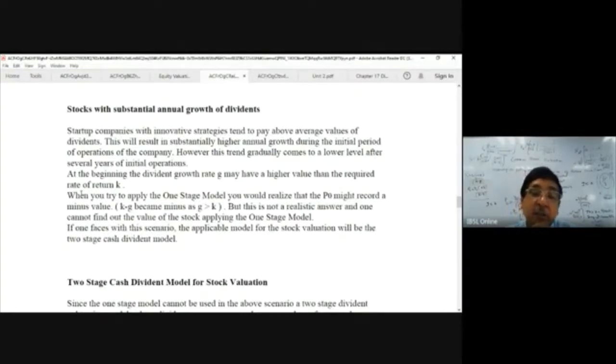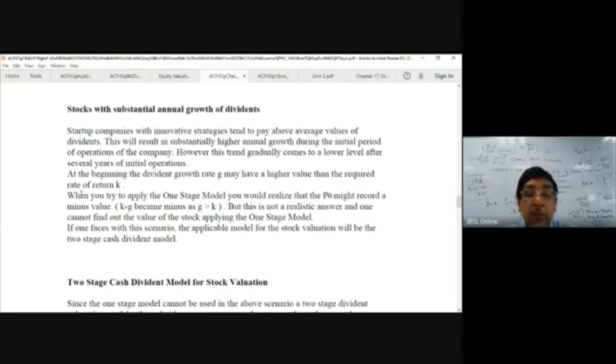But later, again, their dividend growth comes to a lower level. And that prevails for a longer time. At the beginning, the dividend growth rate g may have a higher value than the required rate of return. But you can't apply the one-stage model for that.